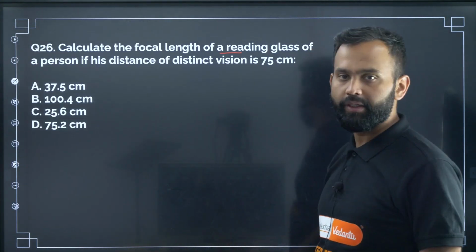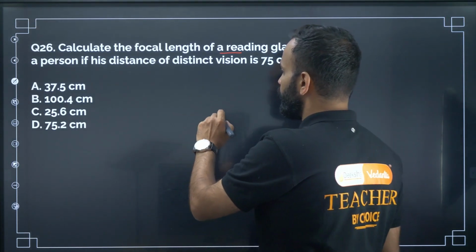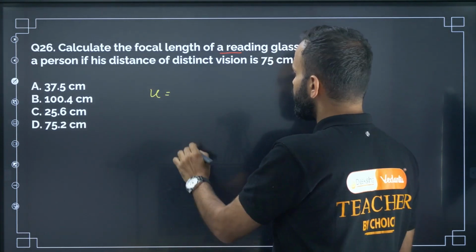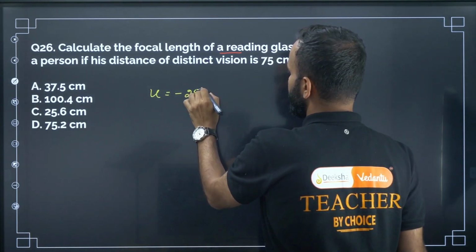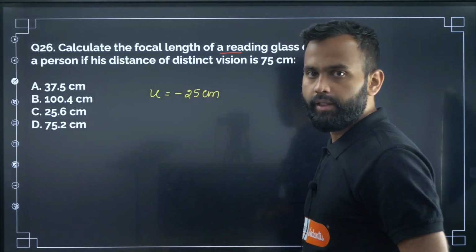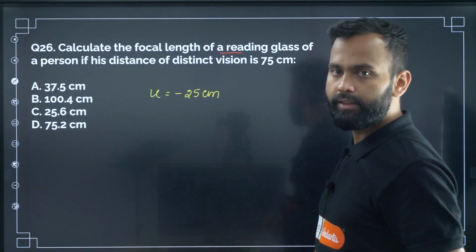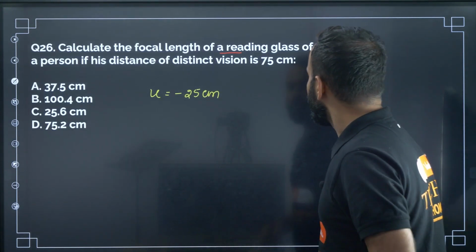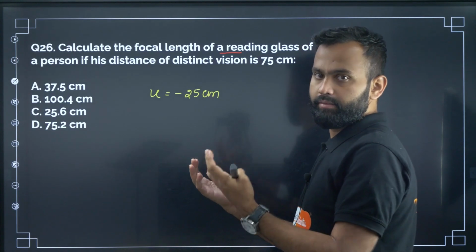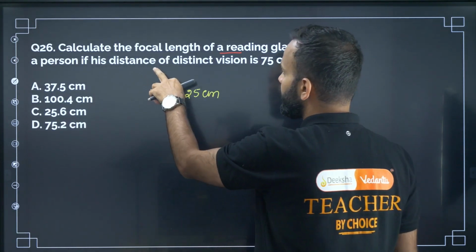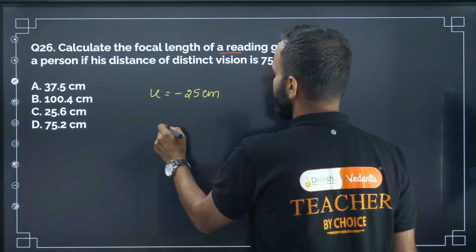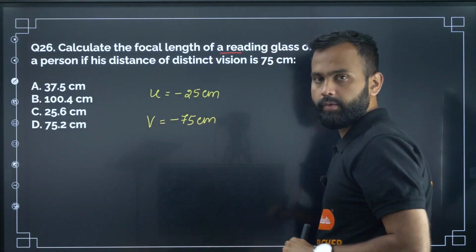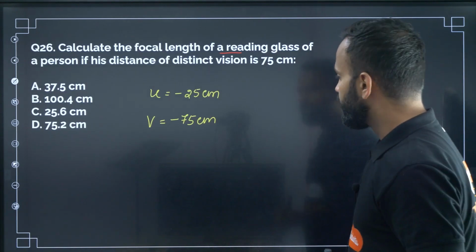For him it's 75 centimeter. So here u equal to minus 25 centimeter, that is the object distance. He needs to correct his vision. The least distance of distinct vision for him is 75 centimeter, that is v equal to minus 75 centimeter.